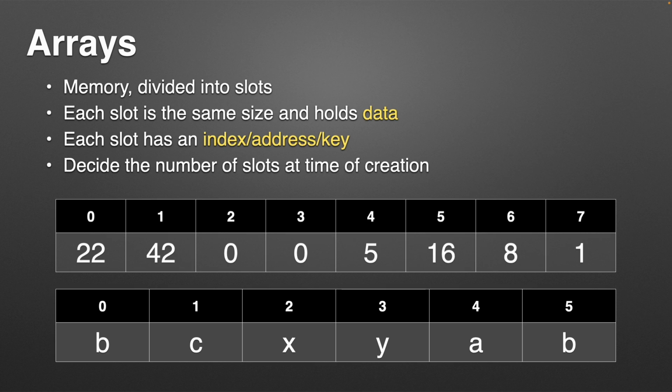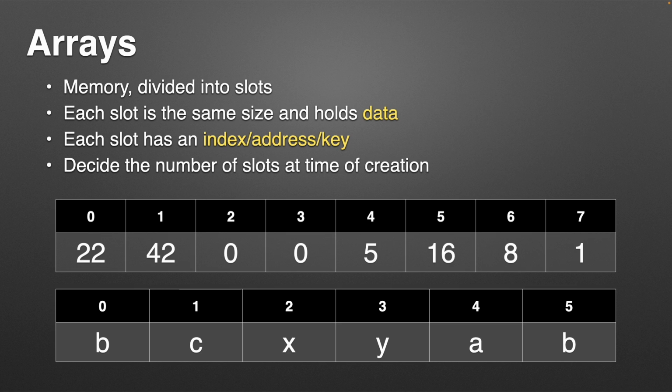So an array is, and this is important, a contiguous block of memory, right? It's just a chunk of memory, and it's divided up into the slots that we talked about. Typically, for our purposes, we would only ever put a single type in an array, so all the slots would be the same size.